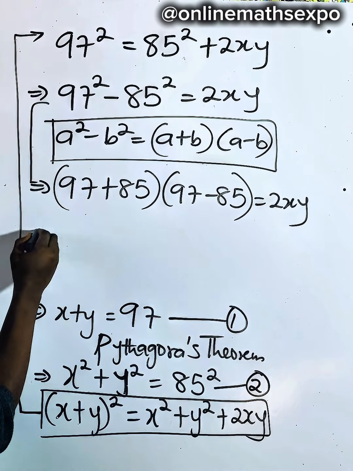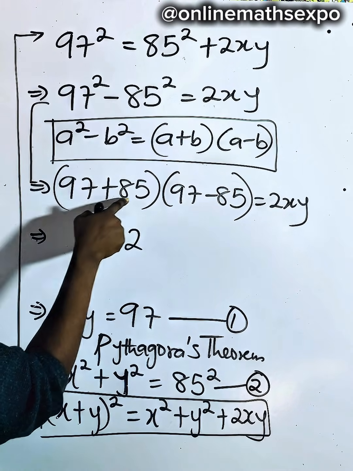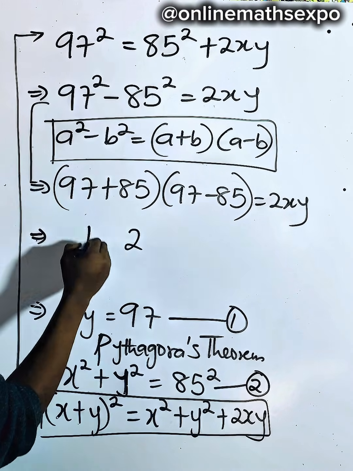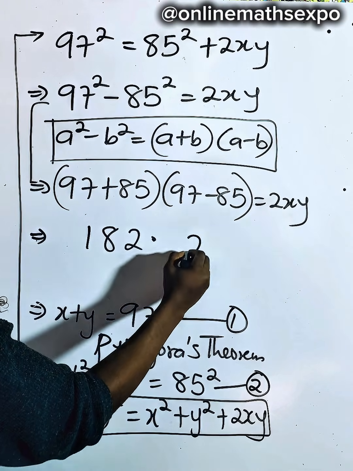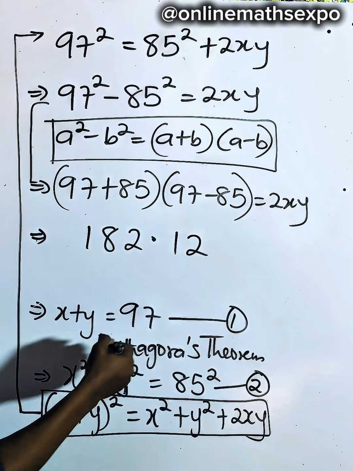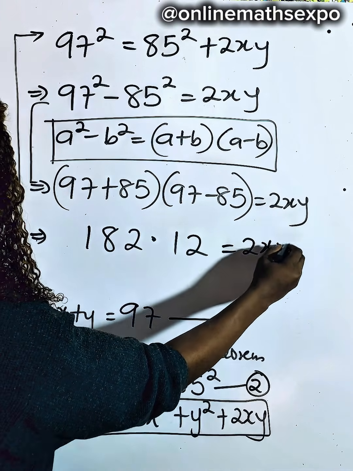So from here, add this gives us 182. This subtract gives us 12. So we have this multiplied should be equal to 2XY.